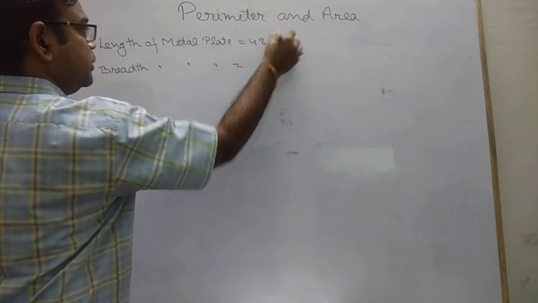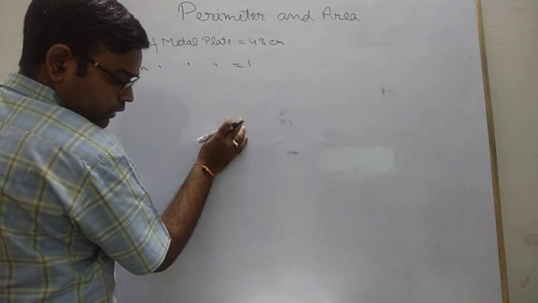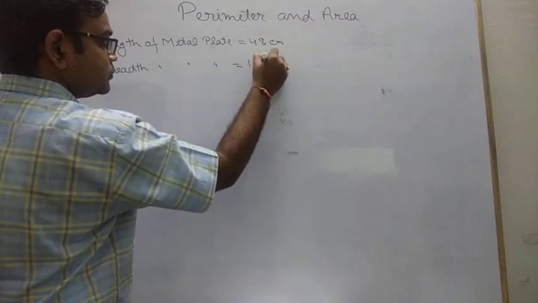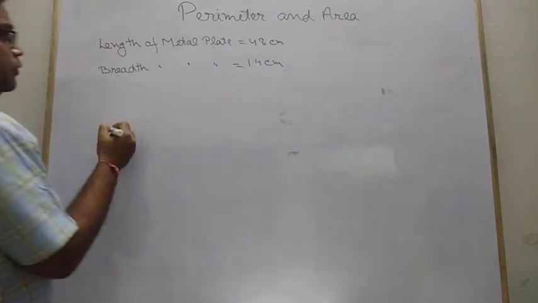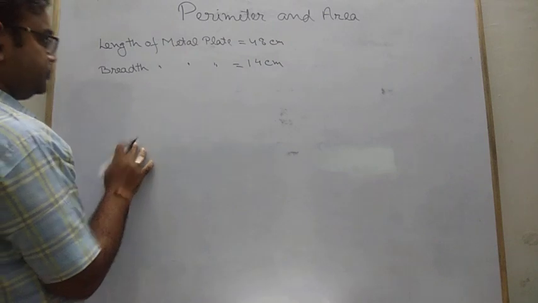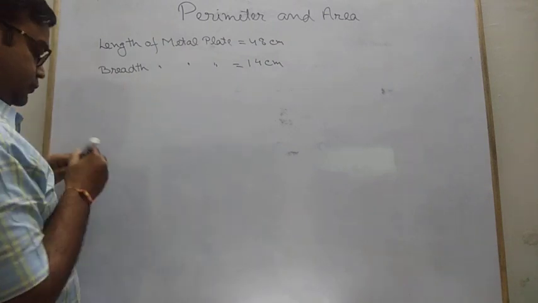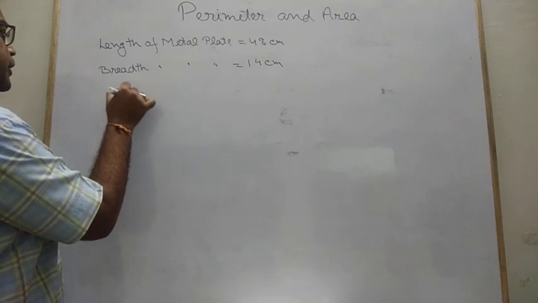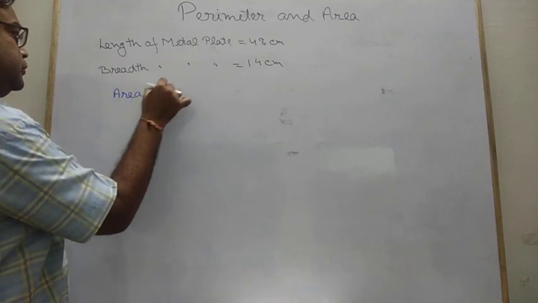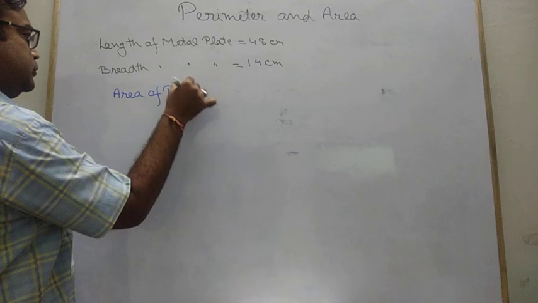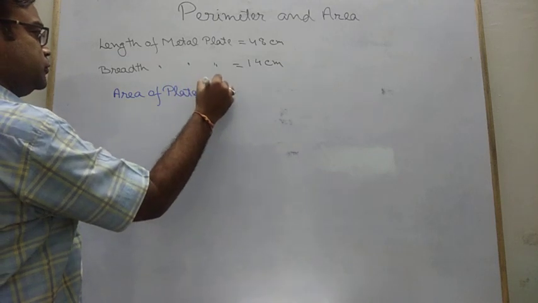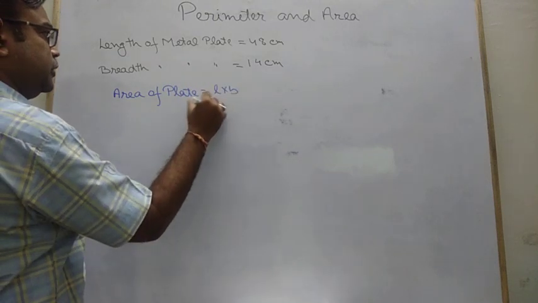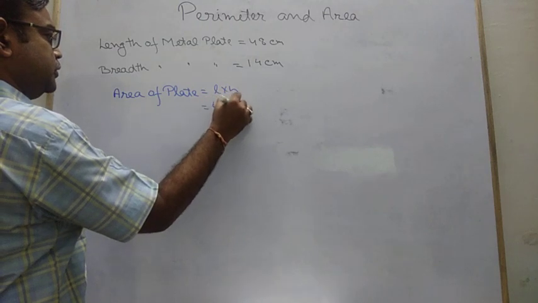Always remember length is the longest side. So from this we can find out the area. So the area of the plate equals length into breadth. It's 48 into 14.